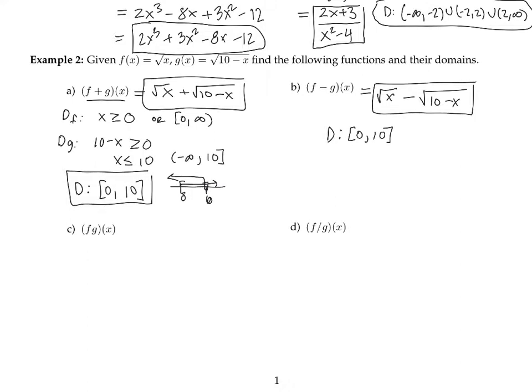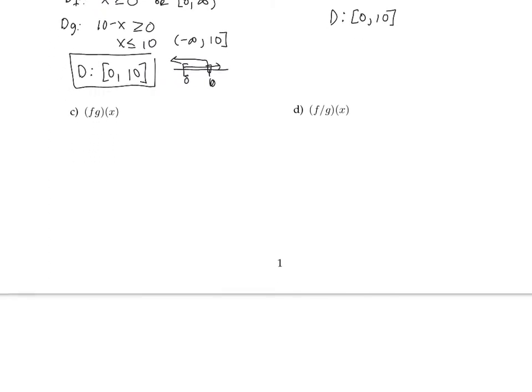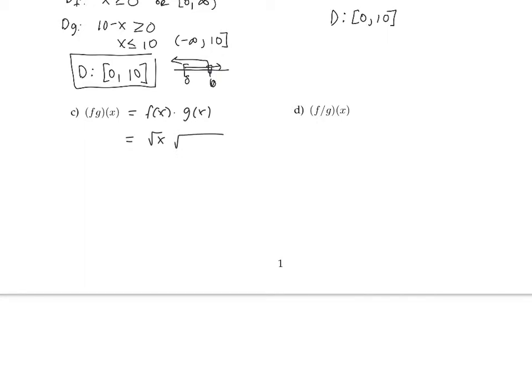Okay, f times g. So that's f of x times g of x. So root x times root 10 minus x. And you can actually multiply both of those roots together, it's totally fine.